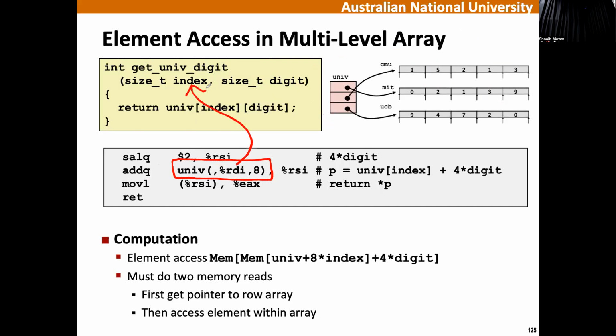Right. It's bringing the pointer to one of the 3 arrays, CMU, MIT, or UCB, right? We first need to grab the pointer to one of those arrays, and we then need to index into those arrays.